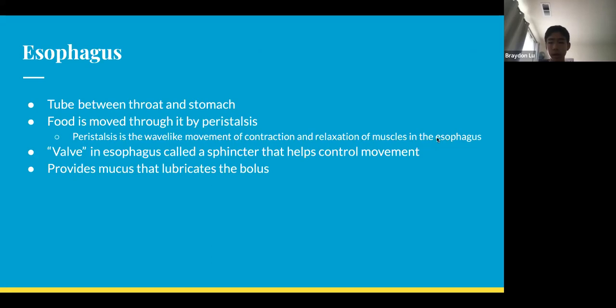The esophagus is very muscular, and it uses this to help move food. There's also a sort of valve in the esophagus called a sphincter that helps control the movement of food. One of the other functions it has, other than being a pathway from the mouth to the stomach, is that it provides mucus that helps lubricate the bolus so it can move smoother.